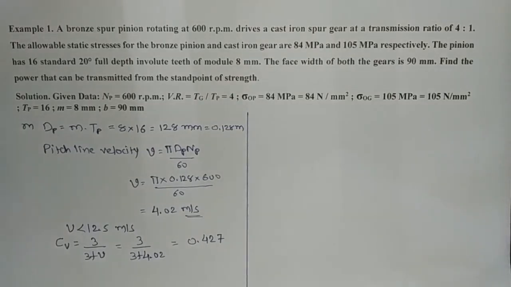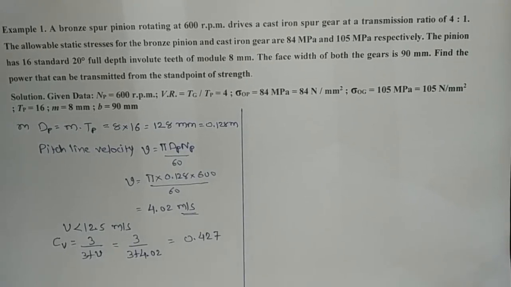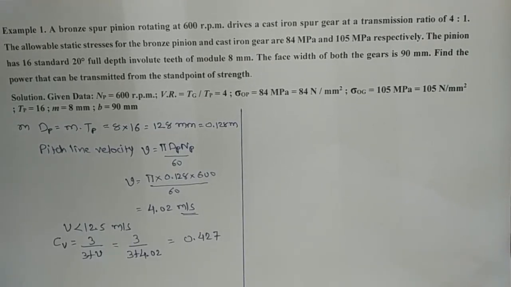Now we have to find the Lewis form factor Yp and Yg to decide which gear is weaker, and our design is always based on the gear which is weaker. So for that we have to find first of all the Lewis form factor Yp and Yg.